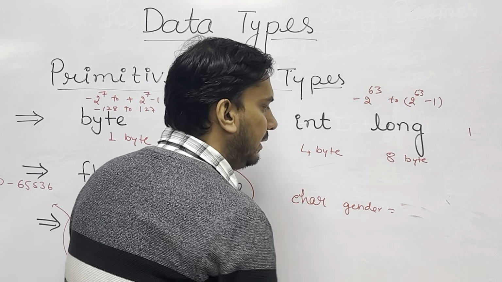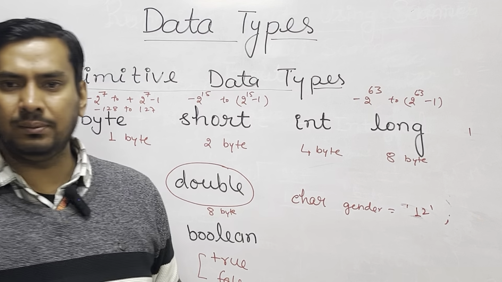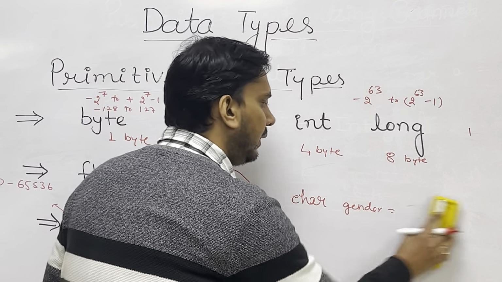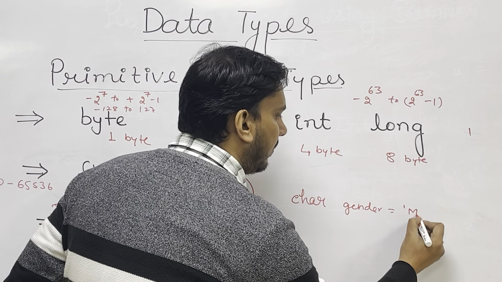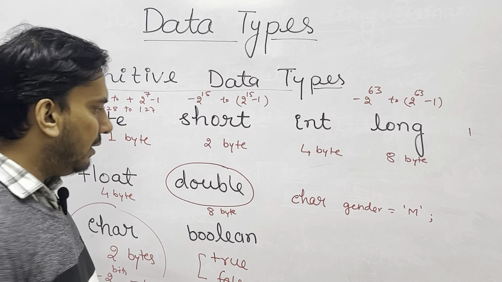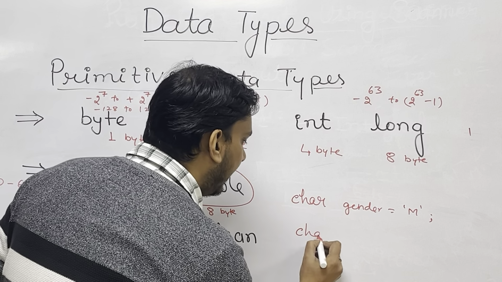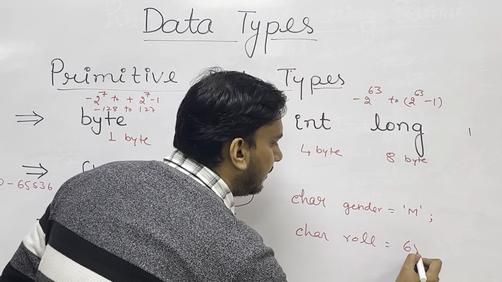But can I have something like '12'? No, this is wrong. So I can write char gender is equal to 'M', which is valid. But can I write char roll is equal to 65?